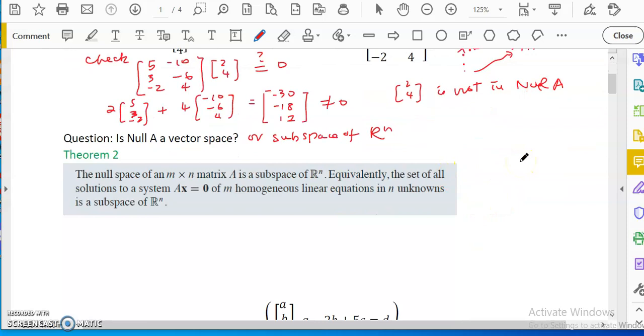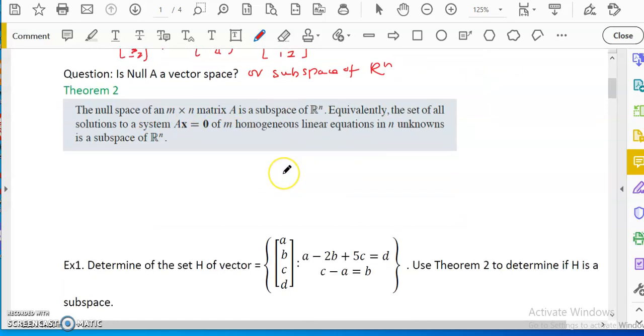Null A is defined as all those vectors that, when transformed by the matrix A, give 0. The second theorem is that null A is a subspace of Rn. Actually, all the solutions to Ax equal to 0 of an m homogeneous linear equation in n unknowns form a subspace of Rn, because Ax = 0 is equivalent to those m homogeneous equations.